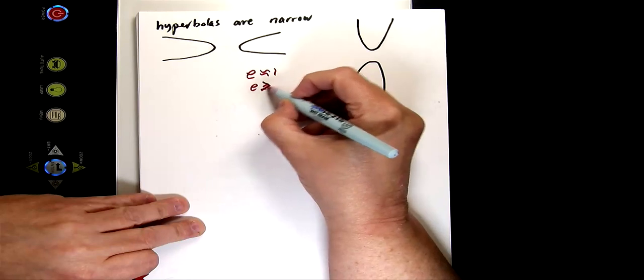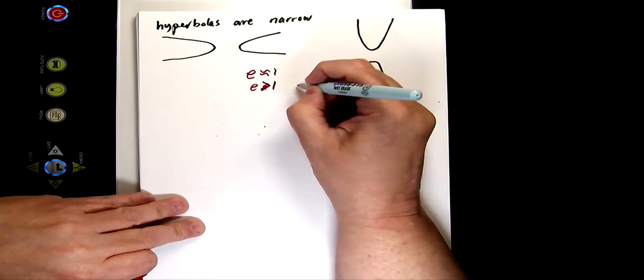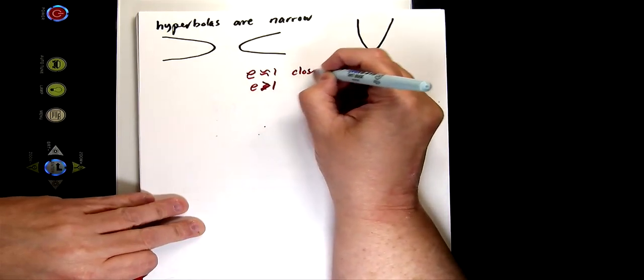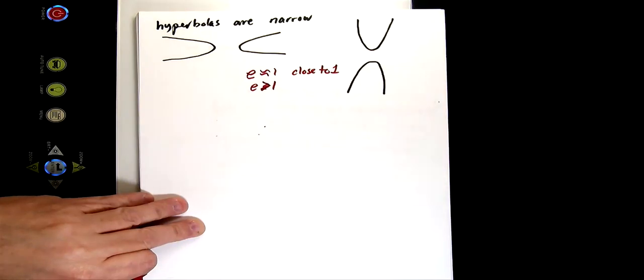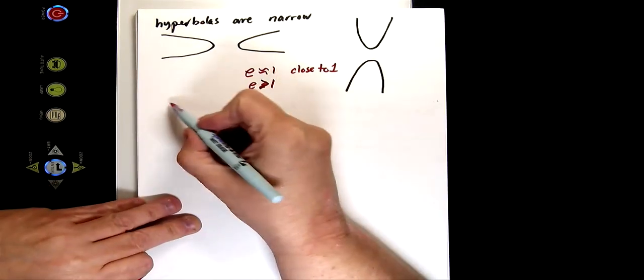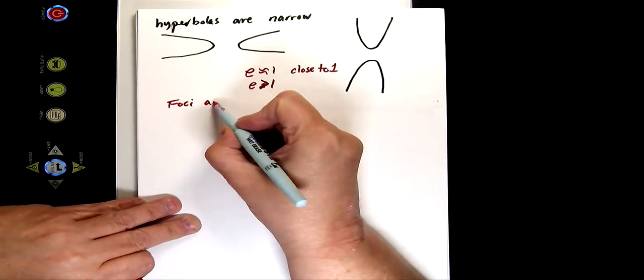E is greater than 1, but not by much. It's close to 1. And the foci are close to the vertex.